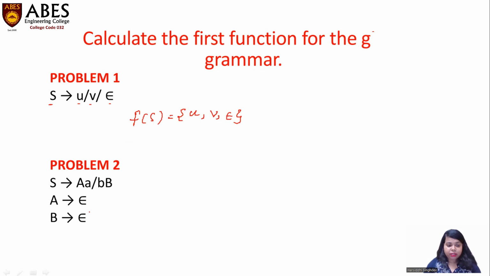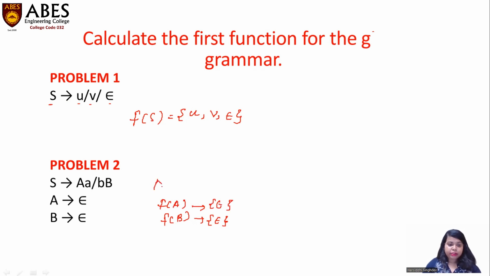Now here, see carefully. Here we have the case of recursion. Always try to solve the first function in a down to top manner so that you can easily solve it. So let's see here, first of B. When we calculate first of B, what do we get? We get epsilon. Then when we calculate first of A, it will also be epsilon.